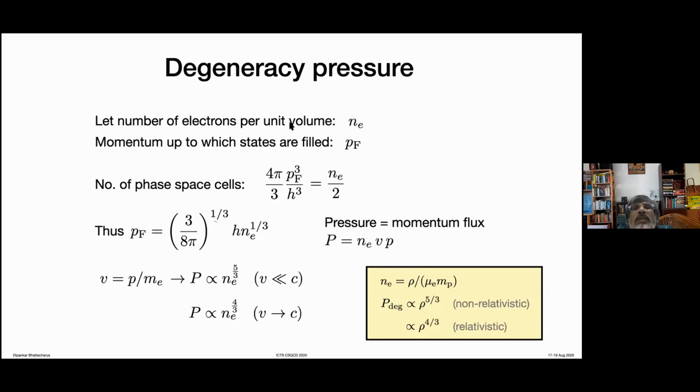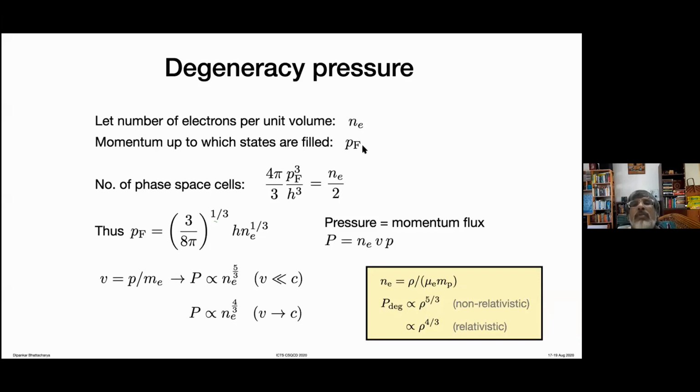So let the number density of electrons be n sub e, so number of electrons per unit volume. So let's consider just a unit volume. So configuration space volume is 1. And so the momentum space volume is, let us say the momentum up to which the states are filled is Pf, where the subscript F will stand for Fermi.